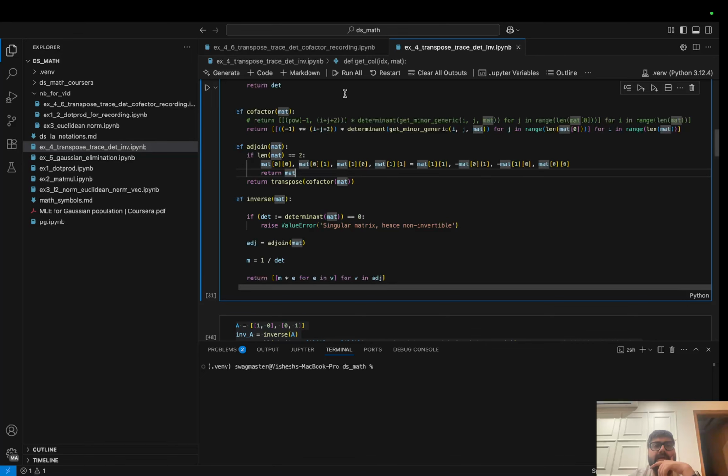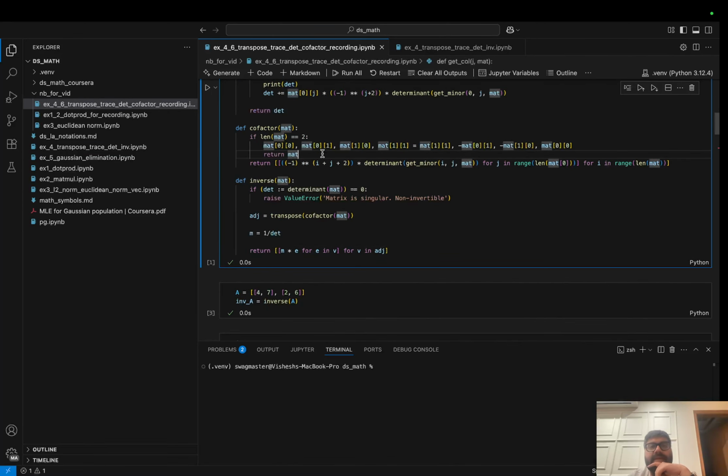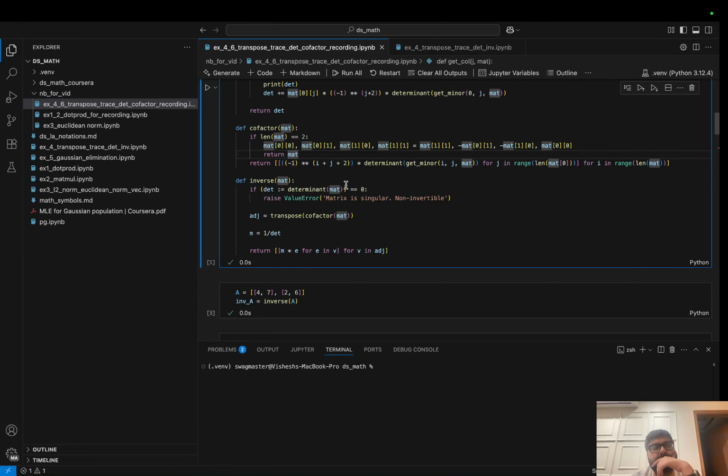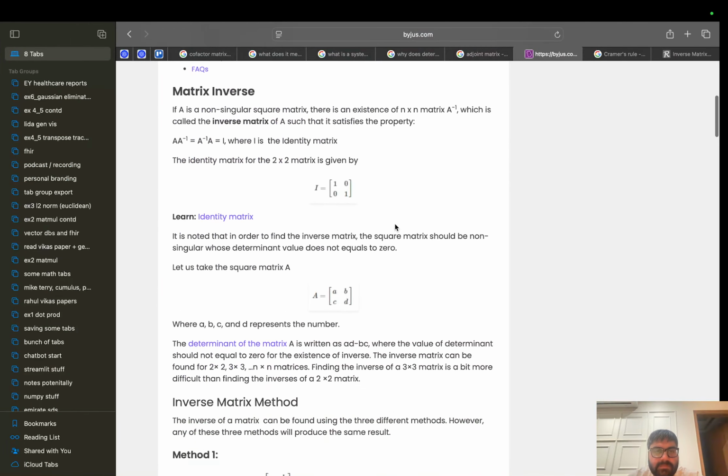Oh, that's right. I made the mistake. Wait a second, no. This doesn't make sense actually. Did I make a mistake on how we do cofactor matrices? Let's see.